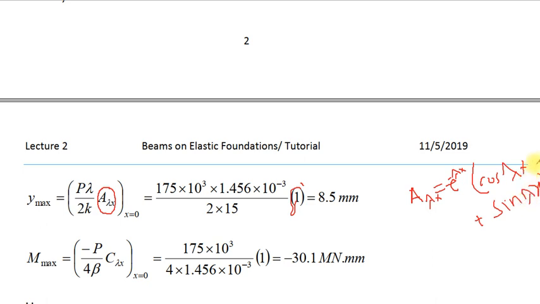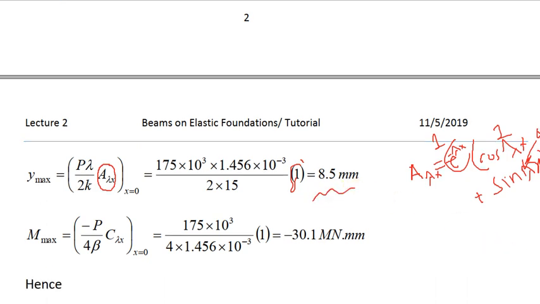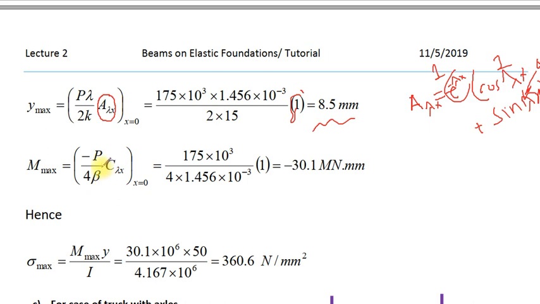Since x equals 0, sine lambda x will be 0 and cosine lambda x will be 1. E to the power 0 equals 1. Therefore, A lambda x will be 1. Y maximum equals 8.5 millimeter. For M maximum, use the moment equation, minus P over 4 lambda multiplied by C lambda x.